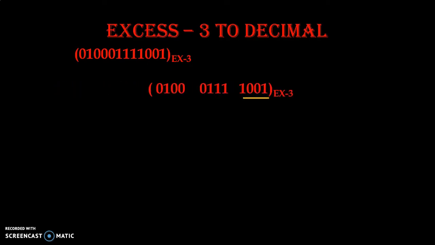We take one more example, and then it will be very clear. We have taken a binary number, and it is given that it is excess 3. Otherwise we never know that it is an excess 3 number. That is the meaning of code. So we convert it into 3 groups. The first group is 1001, the second group is 0111 and the third is 0100.